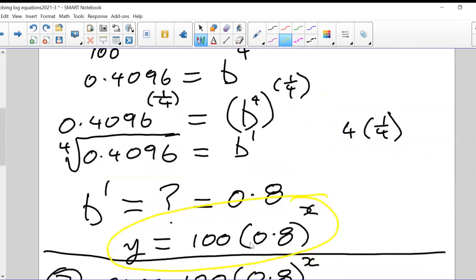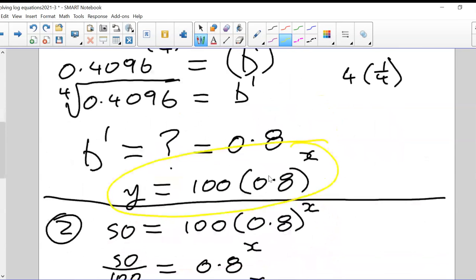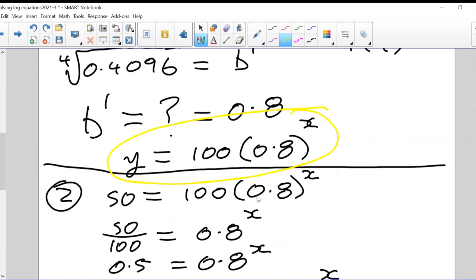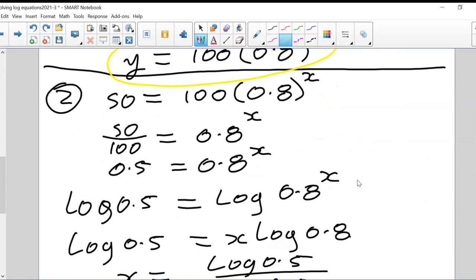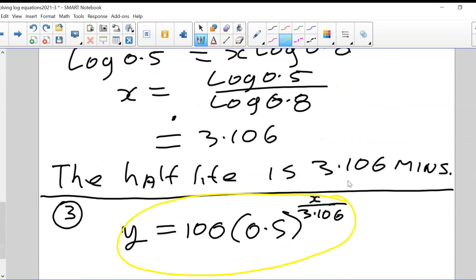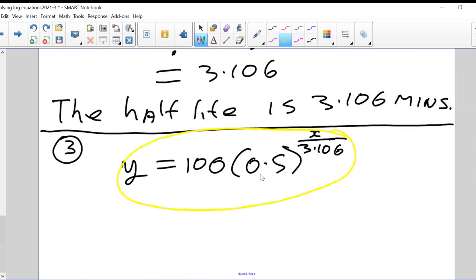This is 0.8 here. But if I were to graph both of these equations, the same 100, same initial value, this one is with the 0.8 to the power of x. But if I wanted to write it as a half-life equation, then I'm going to put the 0.5 as the base to the power of x, the number of minutes, divided by whatever the half-life is.